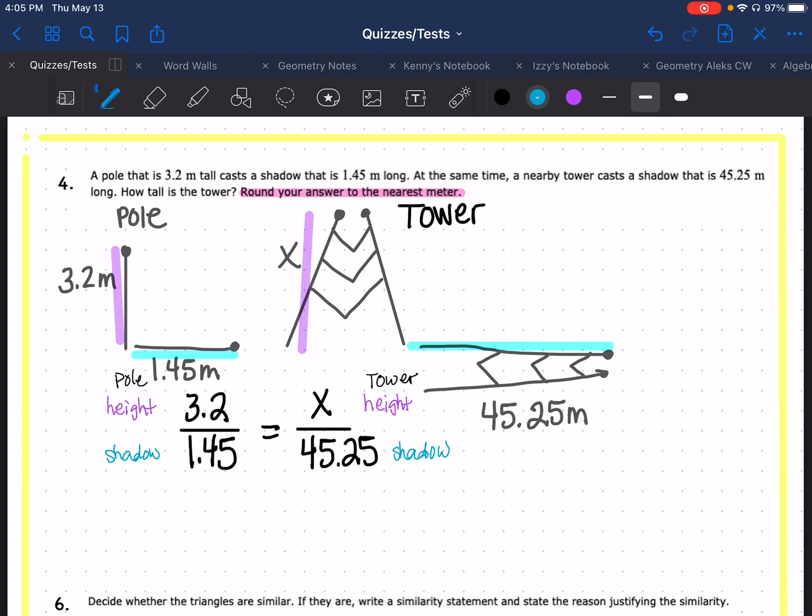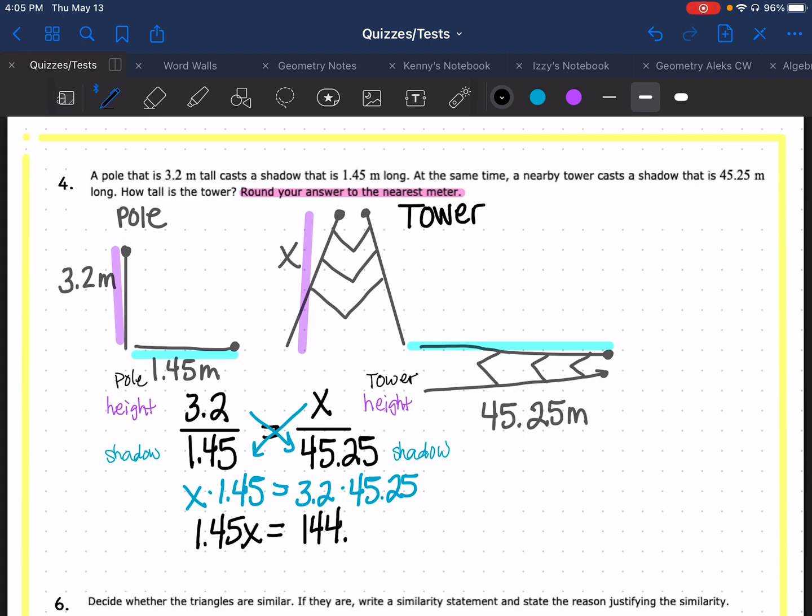All right, guys, let's go ahead and just cross multiply. Remember, you just multiply the numerator of one fraction times the denominator of the other, crisscross. That gives me, and if I multiply this out, I get 144.8.